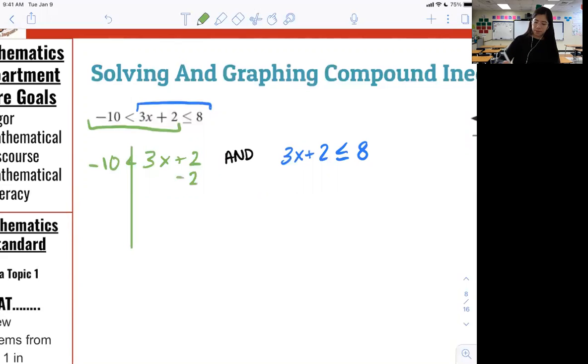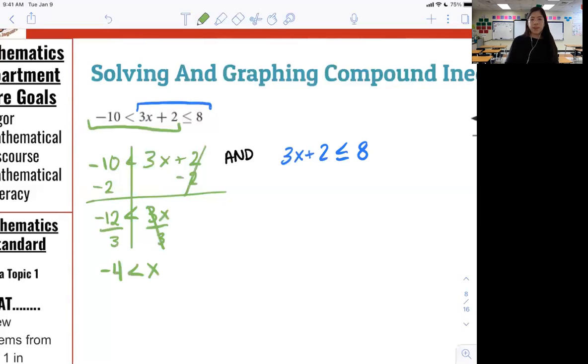So I subtract 2 on both sides. -10 minus 2 is -12. To get x all by itself, I divide, which will give us -4 less than x. Good. It's backwards, isn't it? That's okay. We're going to leave it just the way it is.